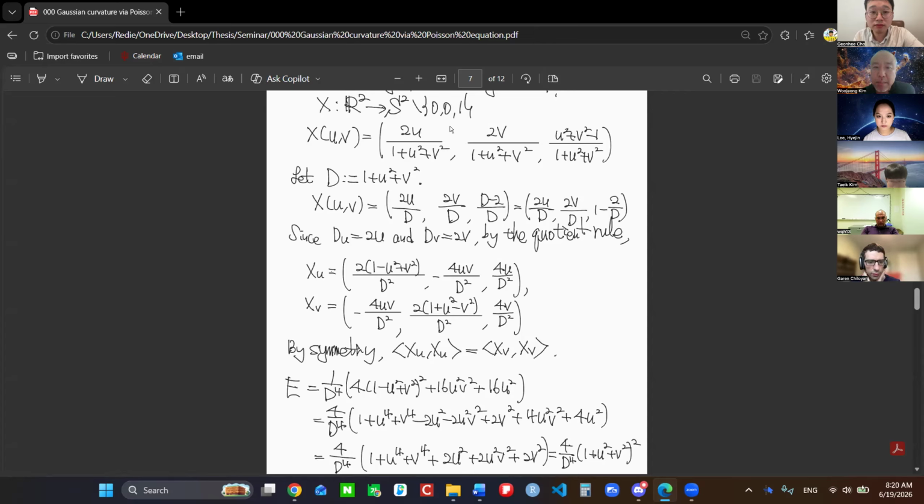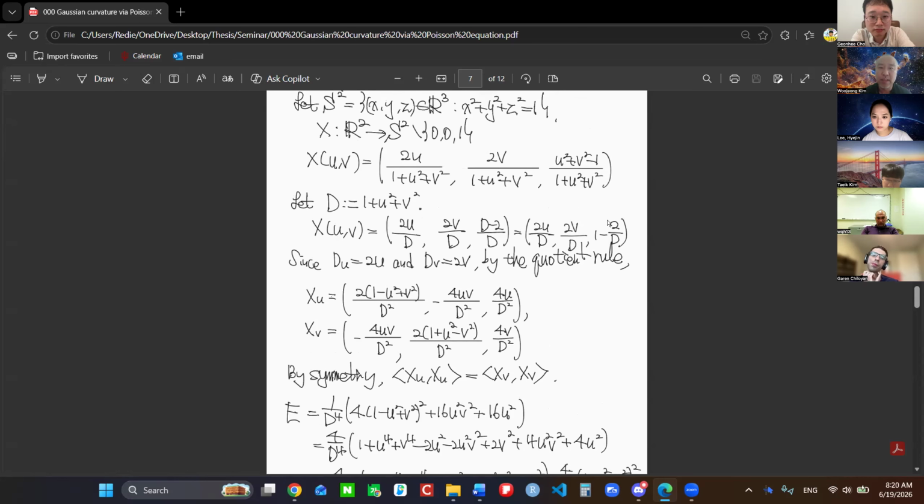And then minus 2v, and the partial derivative of u squared is 2u. So this component becomes negative 4uv divided by d squared.